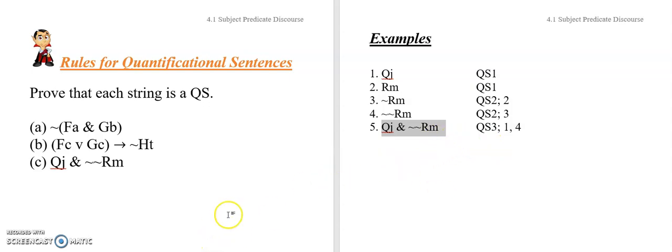And one last thing that I think I should point out to you is that the main connective of a quantificational sentence is basically defined the same way that we defined it in chapter 1. It's the connective that appears in the last line of a tree. So the main connective of this particular quantificational sentence is this guy.